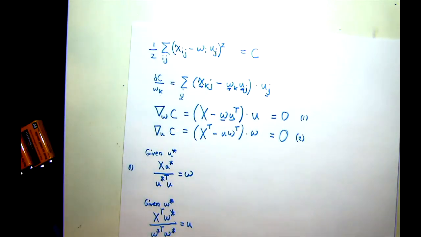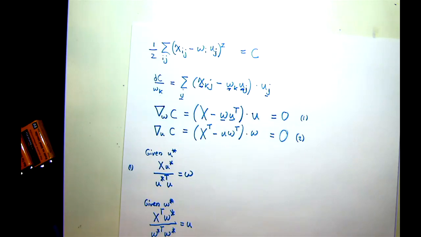Given that we know these two things, we can build a really nice procedure to come up with u and w. We're going to iteratively improve u and w by swapping the estimates back and forth. We start with some u star, probably just one of the data points. It doesn't matter which; you arbitrarily choose a data point and set u star to that value.